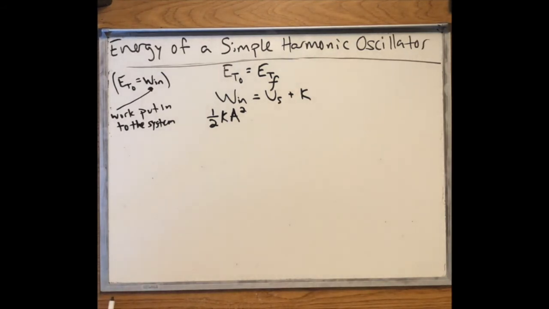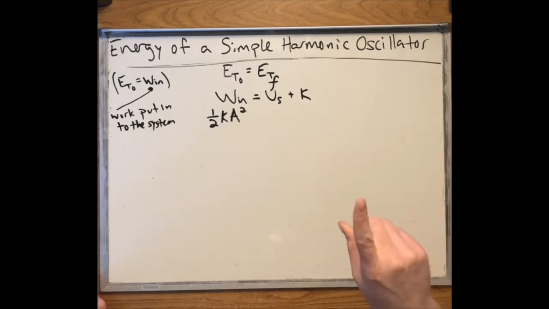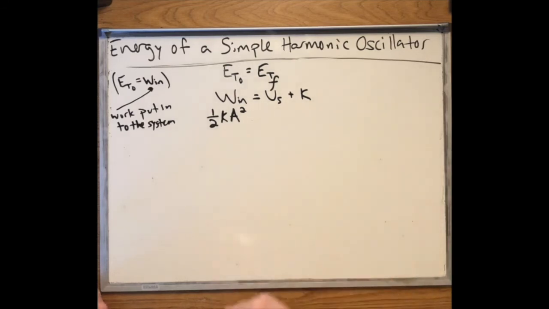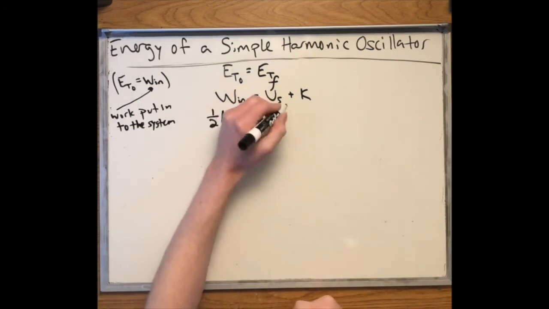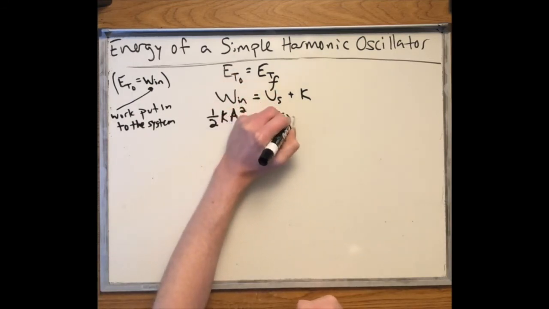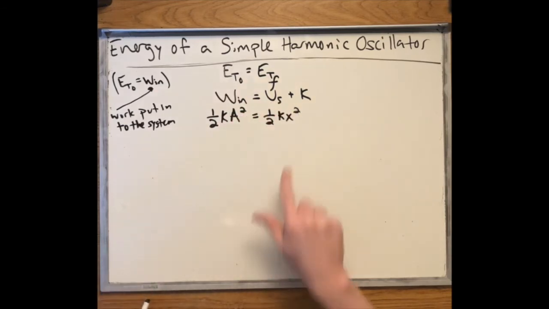because that x, the distance you stretch the spring from the equilibrium position, is the amplitude of the oscillation, so we're just going to call that A. And then at any point, the elastic potential energy this thing has is given by the equation 1/2 kx squared.